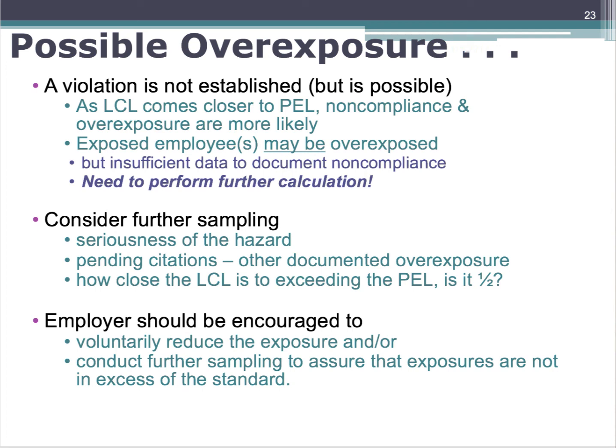Exposure may be there, but you may not have sufficient documentation to be out of compliance, and therefore you need to perform another calculation. So first we start with a basic calculation, and then we go on to a more advanced calculation. This is when we have this possible overexposure.